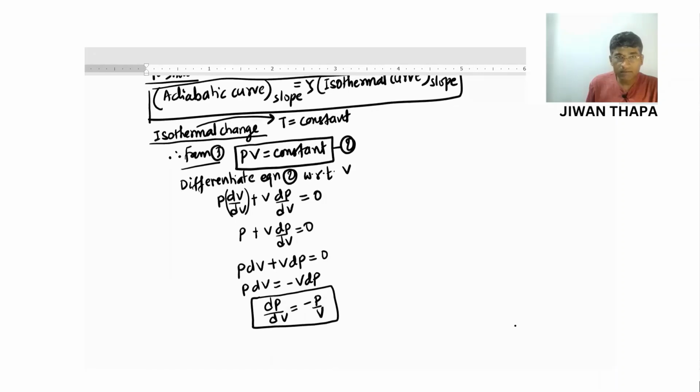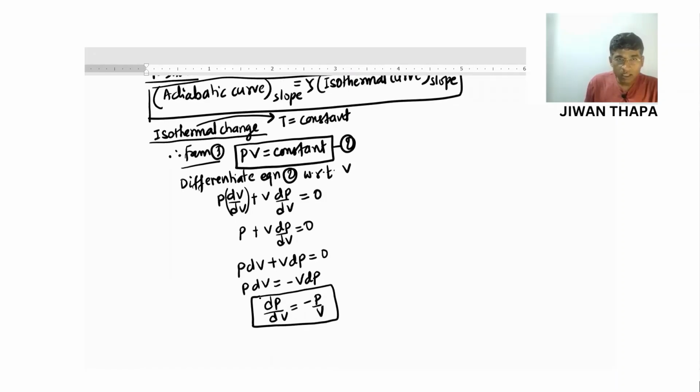And this ratio on the left hand side gives the slope of isothermal curve.